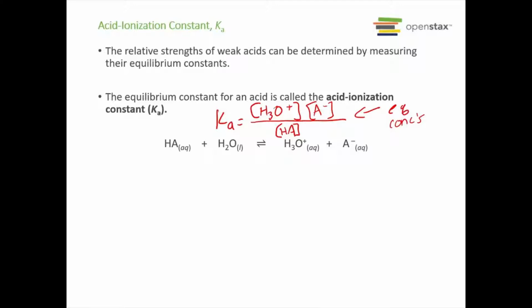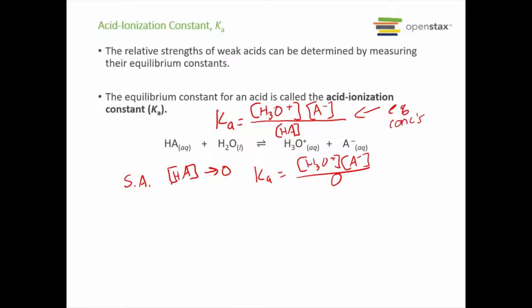If you have complete ionization, that means that your amount of H3O is going to be very high, and your HA basically at equilibrium is 0. So for a strong acid, HA, for those of you in calculus, approaches 0. So then you have your Ka over H3O times A minus over 0.